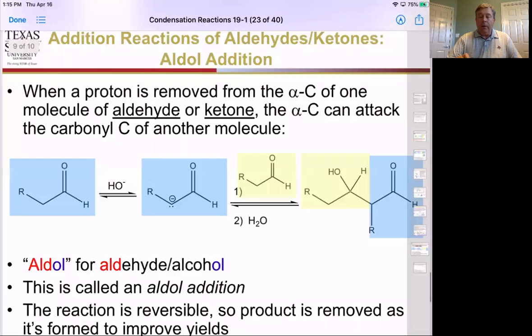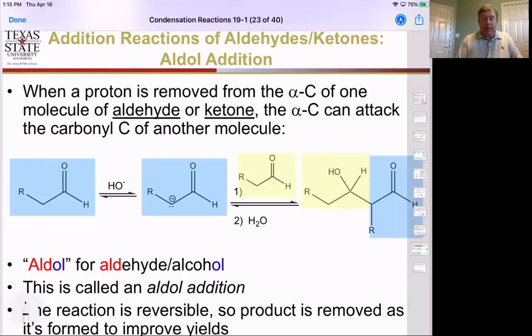Okay, so what if we did this, instead of using esters, we started with aldehydes and ketones? Well, when we start with aldehydes and ketones, we actually call that the Aldol addition, okay? It was traditionally started using aldehydes, and so in the presence of an aldehyde, we end up making an aldehyde alcohol, and therefore it's called the Aldol reaction, okay?